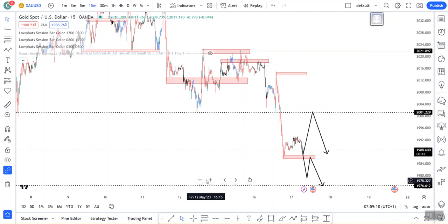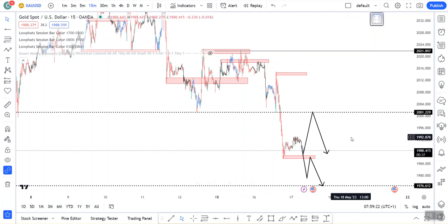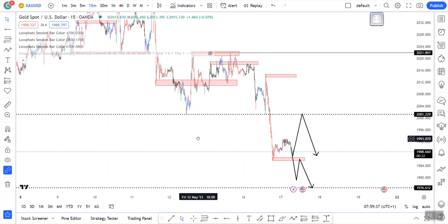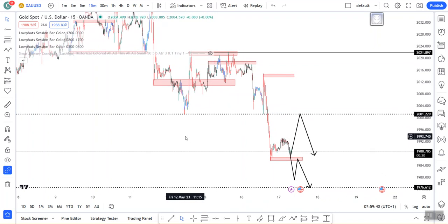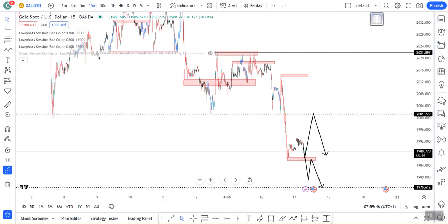Okay, then that takes us to entry. How do we take an entry and how do we target our profits? It is very, very simple, in the sense that it depends on where our zone is.